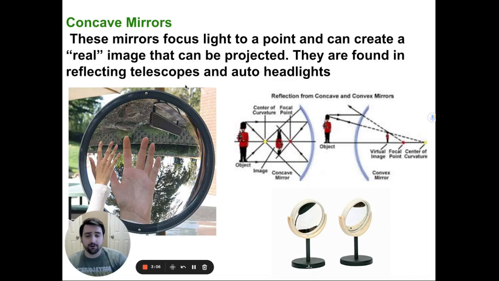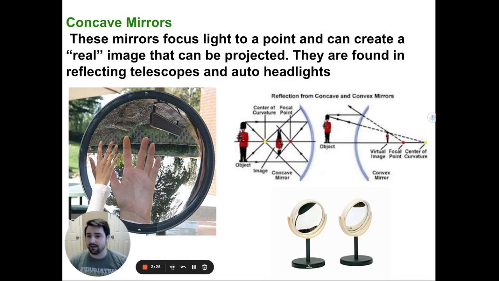So we have concave mirrors, and this is what we were dealing with in our lab the other day. These mirrors focus light to a certain point, and that point is called the focal point. Anytime a ray comes in, no matter where it hits on that mirror, it's going to bounce into the focal point.